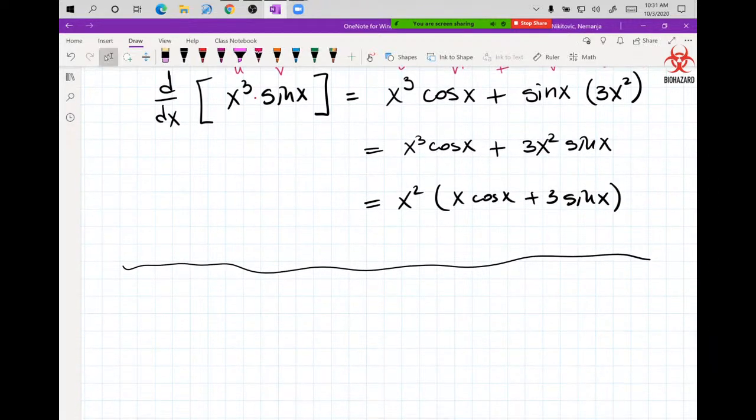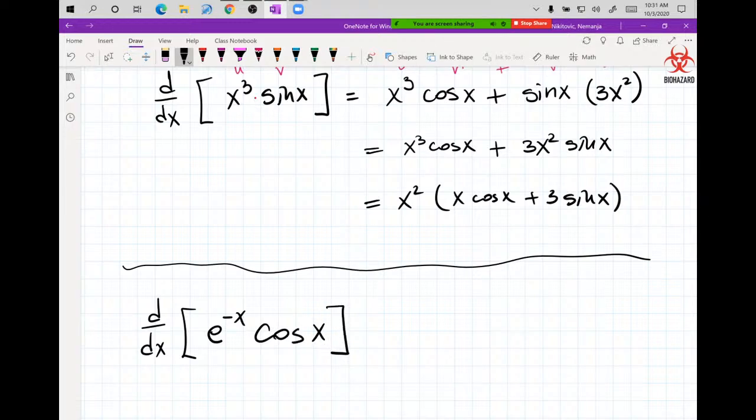Here is another one that is a big deal, and that is the derivative of e to the negative x times, let's say, cosine x. Now, if you don't remember the derivative of e from the first lecture, I'm just going to put both formulas. The derivative of e to the x is itself.